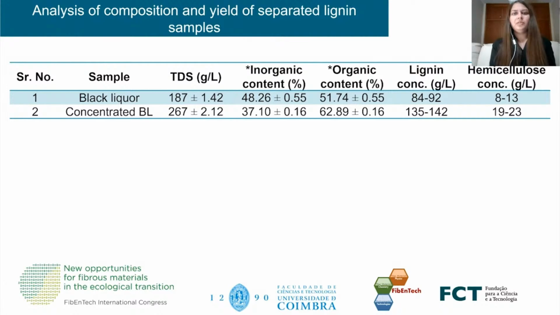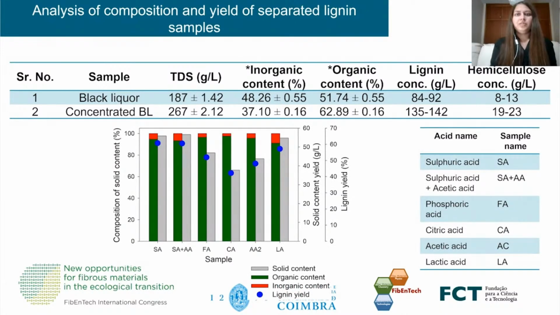In this table, we can see that filtration of black liquor resulted in increased concentration of organics, and in this figure we can see the performance of different organic and inorganic acids for separation of lignin from black liquor. We can observe that inorganic acids resulted in higher separation yield compared to organic acids.